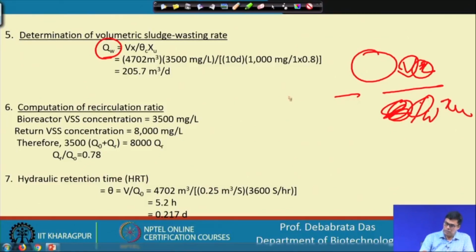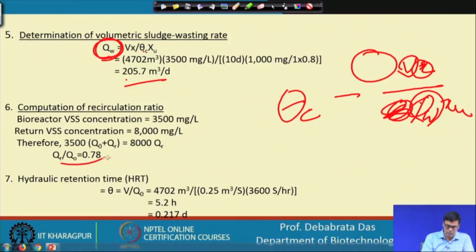This will be equal to theta C, the solid retention time. So, to find QW, theta C will come here, and this comes to 205.7 cubic meters per day.